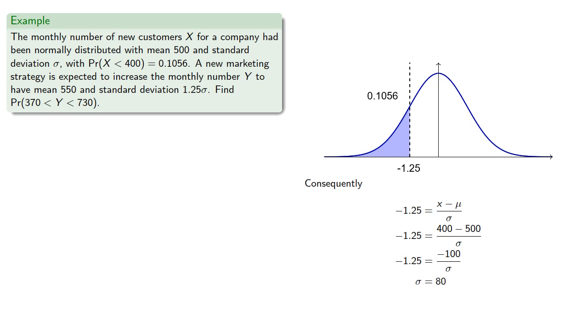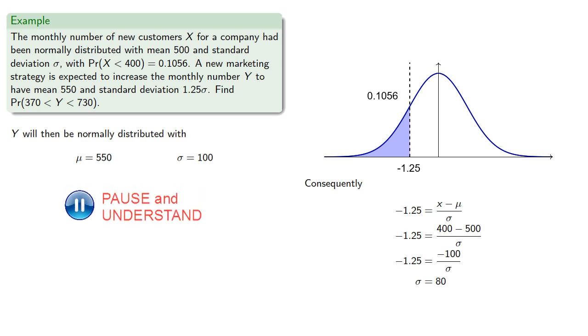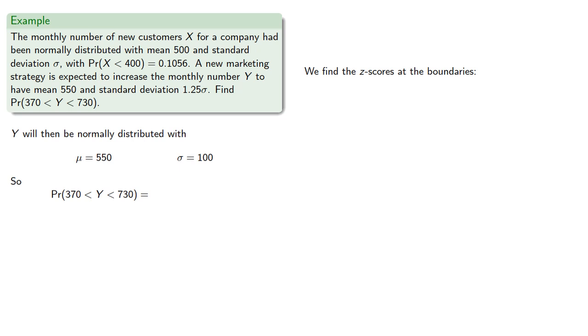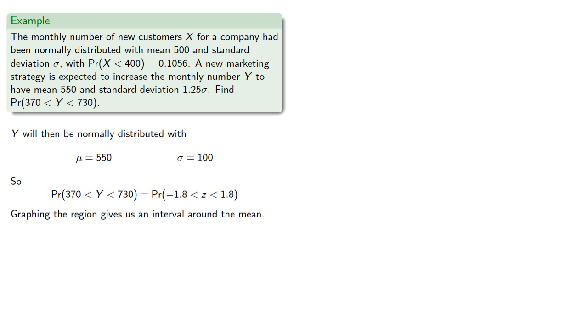Now that means y will be normally distributed with mean and standard deviation. We'll find the z-scores at the boundaries. So we're looking for the probability that we fall in an interval.